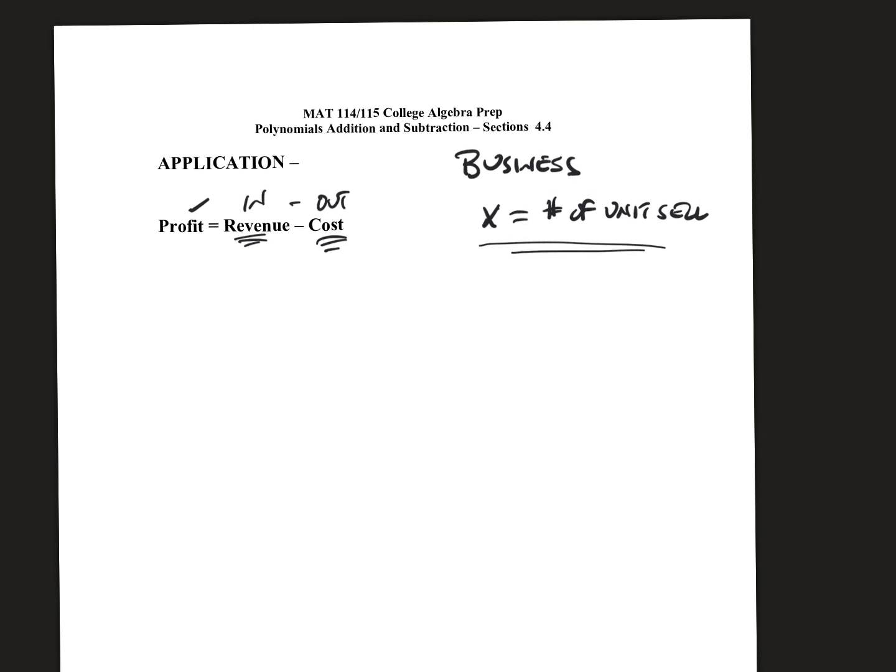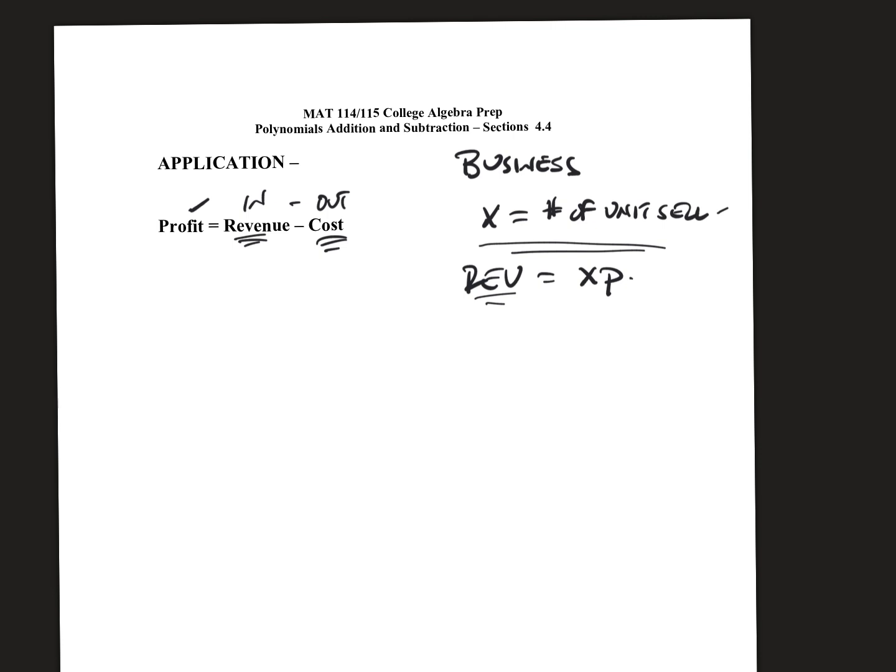We know that many businesses produce many things, but if we just consider one object, the revenue is the number of objects times the price. If I give you the number of objects and multiply it by the price I sold it at, what I get is all the money that came in. I don't want to get too economical here.